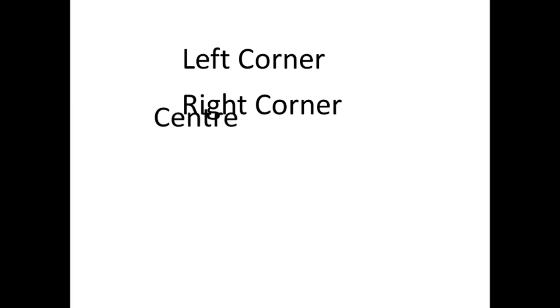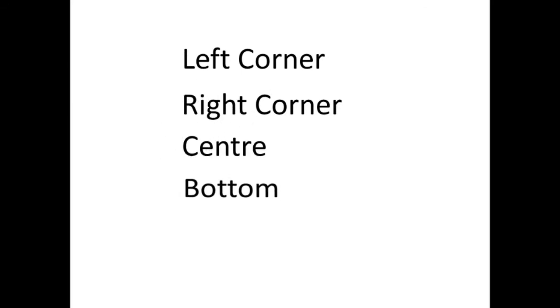Now if I have text like left corner, right corner, center and bottom, I just want to tell them where the left corner is, where the right corner is, where the center is and where the bottom is. The text has already appeared on the screen. Now where is the left corner?